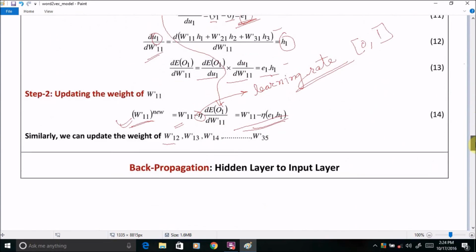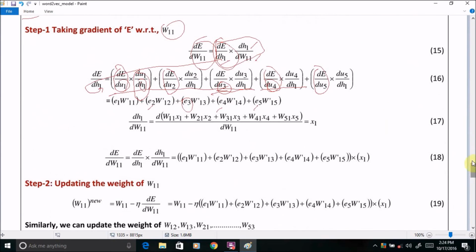So our final outcome of the derivation of E with respect to H1 will be E1 into W-11 and so on. Here E1 represents the error at node 1, E2 represents the error at node 2, and this is not an exponential function.